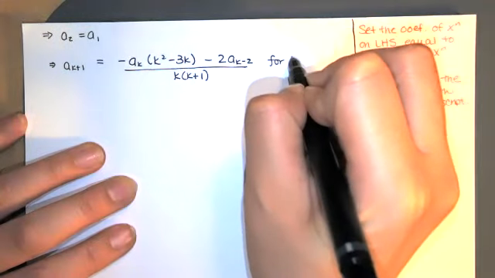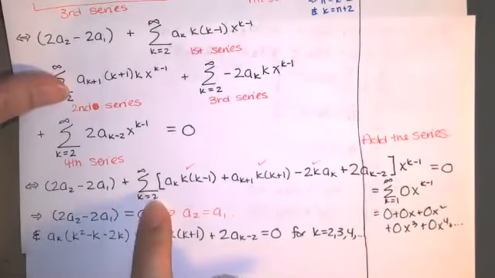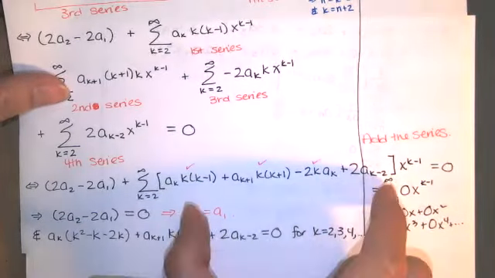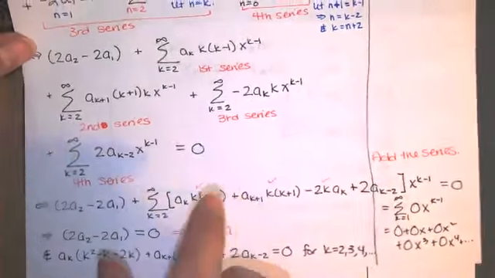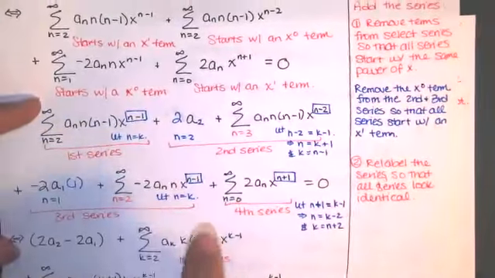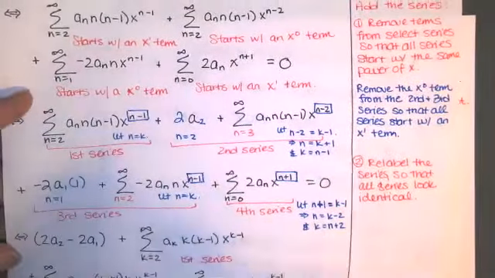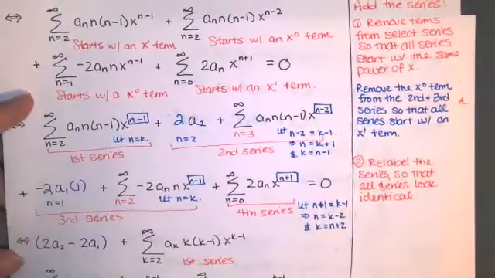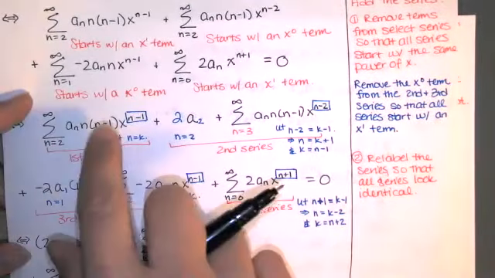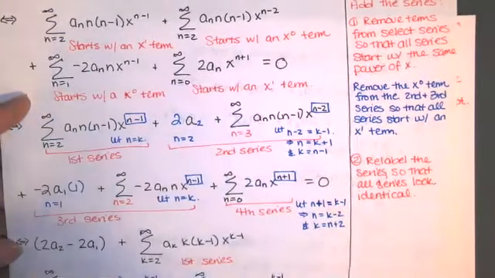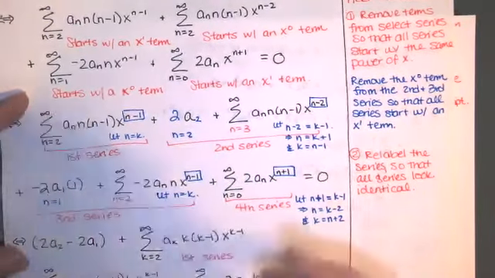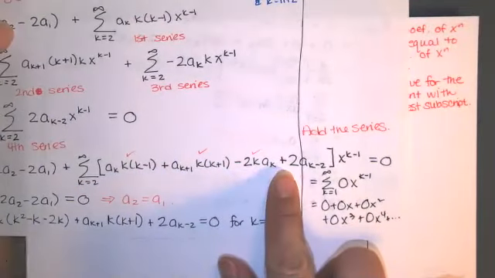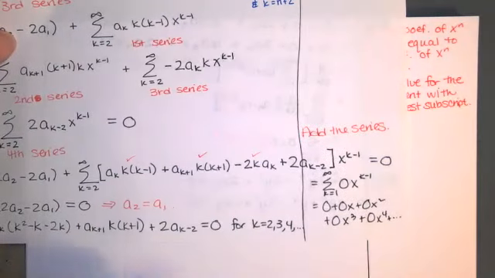And this is true for k starting at 2, because that's the value of the index where we start counting for this infinite series. Now, if you chose different ones to match to, and for example, some teachers will make all series look like an x to the n so that they can be added together, well, then your counter would start at a different place, but it would still represent the first non-zero term here, which involves an x to the first.